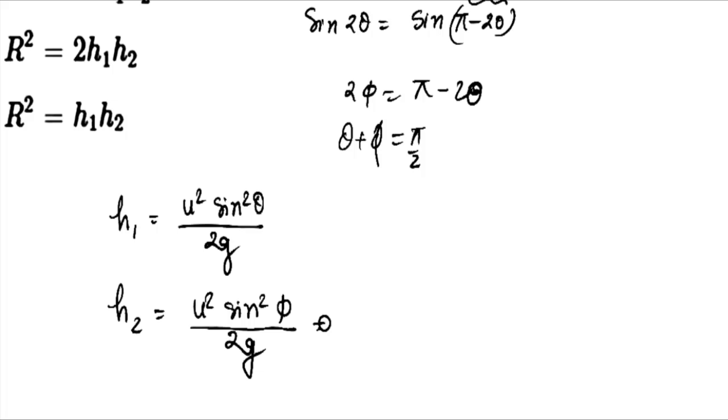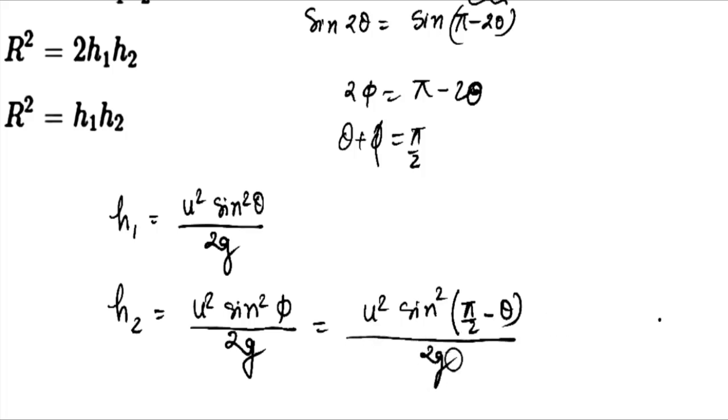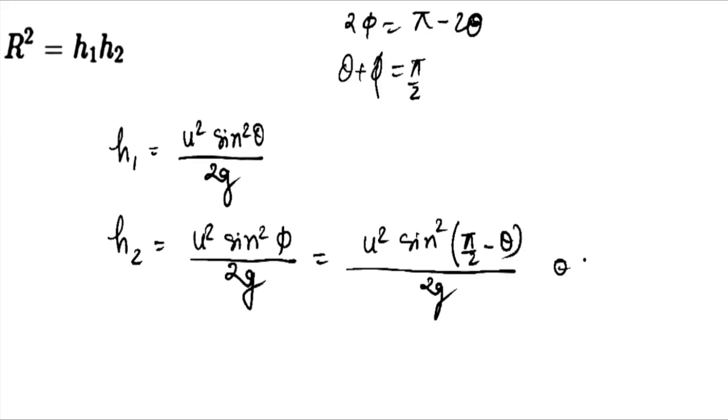So you can write u² sin²φ, where φ = π/2 − θ in equation 2, so it will be equal to u² cos²θ / 2g.